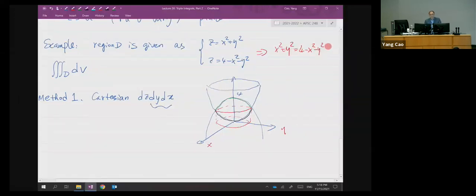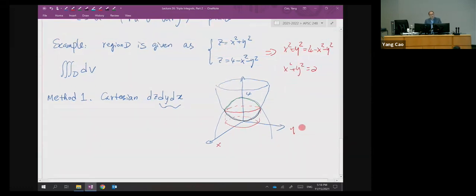And then you solve for x and y, move all the x and y terms to one side and simplify, and you get x squared plus y squared equal to 2. So this curve here, or the shadow, is basically x squared plus y squared equal to 2. That's how you can get the shadow based on the intersection.